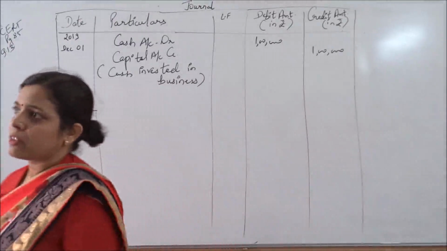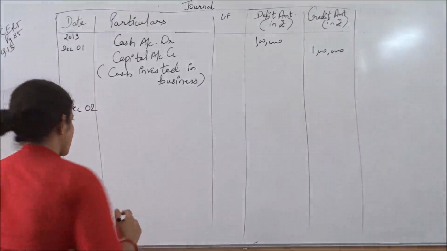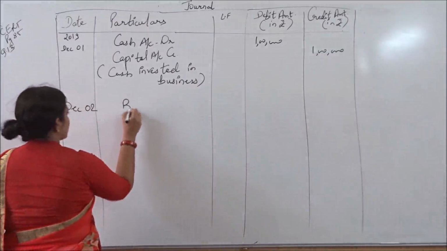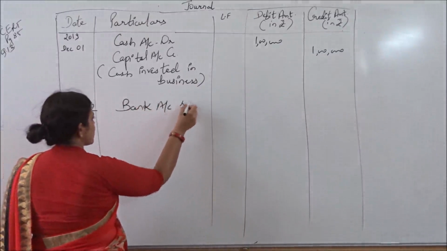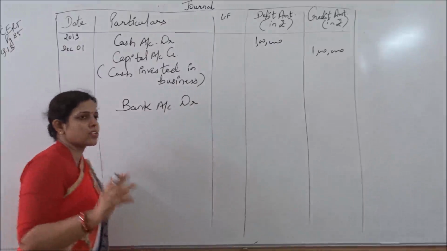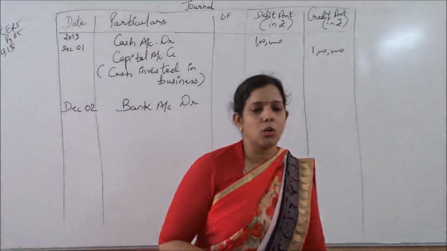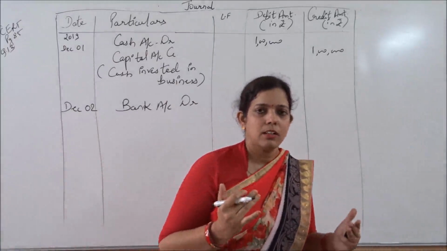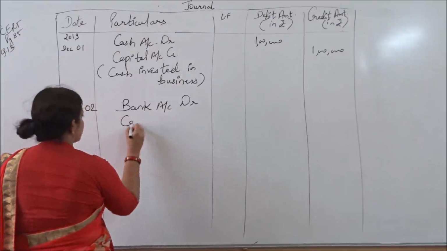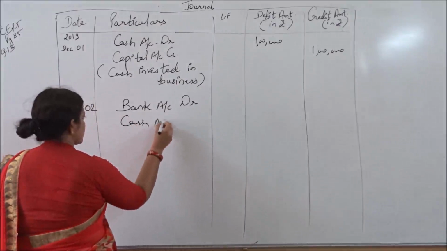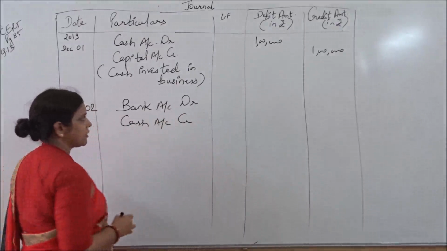Who is the receiver here? Yes, correct. Bank is the receiver. Bank account debit, and whenever money is deposited in the bank for opening the account, what is going from the business? True, cash. So bank is the receiver and what is going from the business? Cash. Cash will be credit.